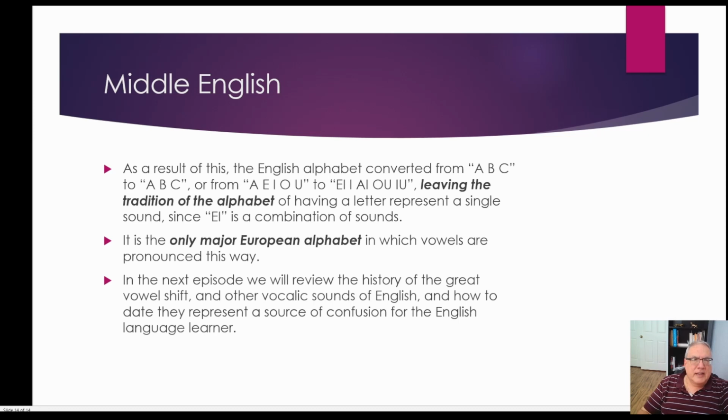As a result of this, the English alphabet changed from "ah, bay, say" to "ay, bee, see", or from A, E, I, O, U to "ay, ee, eye, oh, you", departing from the tradition of the alphabet of having a letter represent a single sound, since "ay" is a combination of sounds. It is the only major European alphabet in which vowels are pronounced this way in its alphabet.